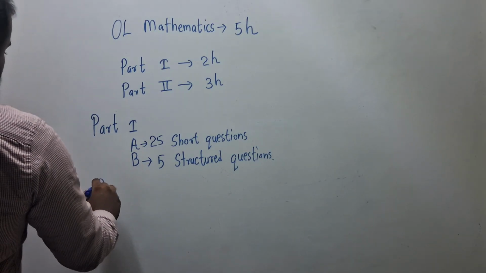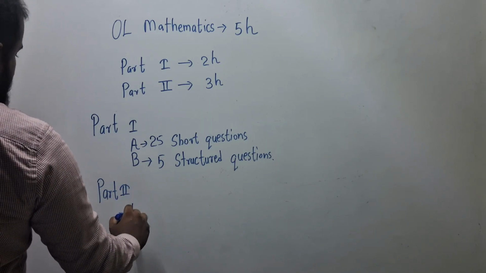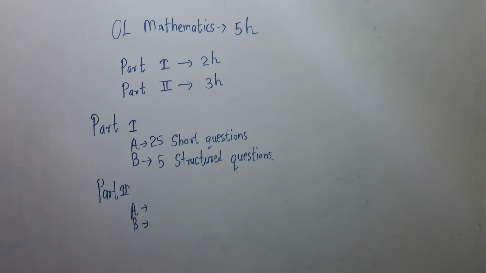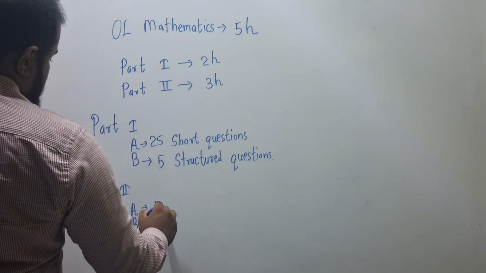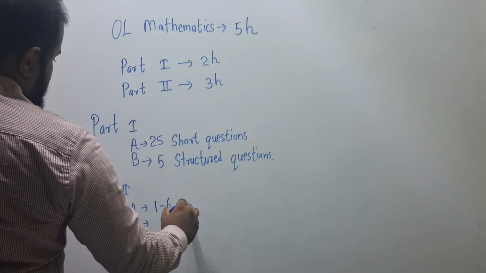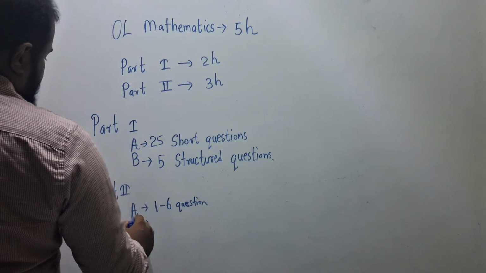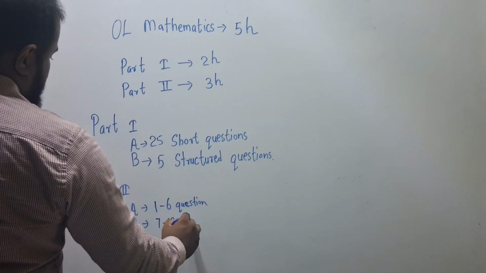Then part 2 also has A and B parts. For each part there are 6 questions: questions 1 to 6, and from part B, questions 7 to 12.